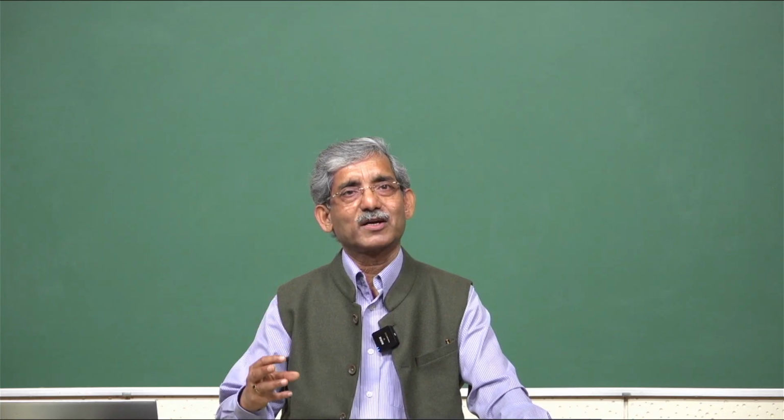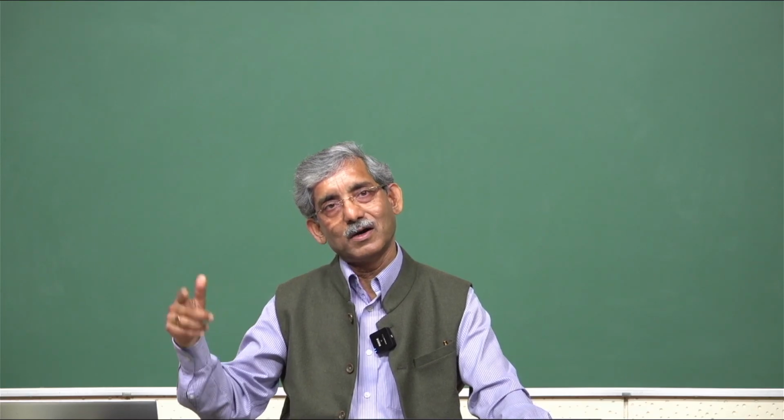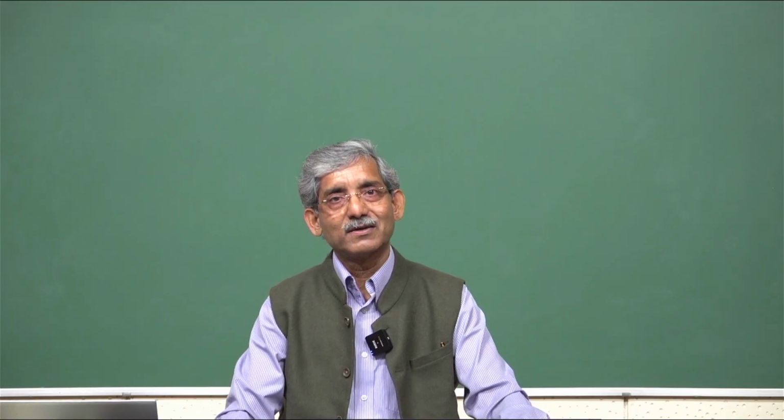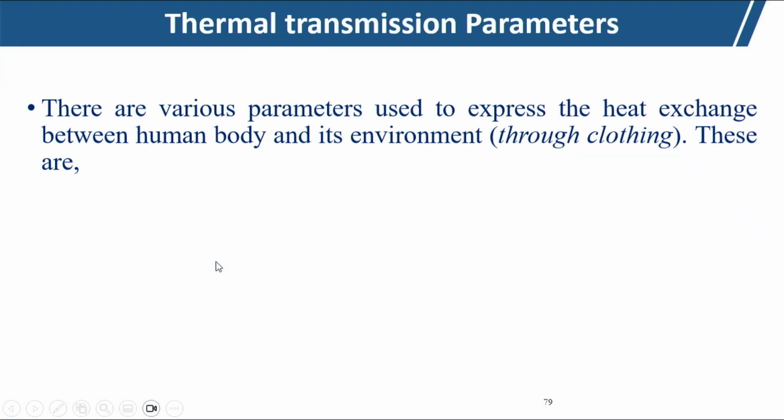We will discuss that in detail in the extreme cold module, but air entrapment is the most effective one, because the thermal conductivity of air is very low, 0.024 watt per meter Kelvin. So if we can trap air inside the clothing, it will be very effective for insulation.